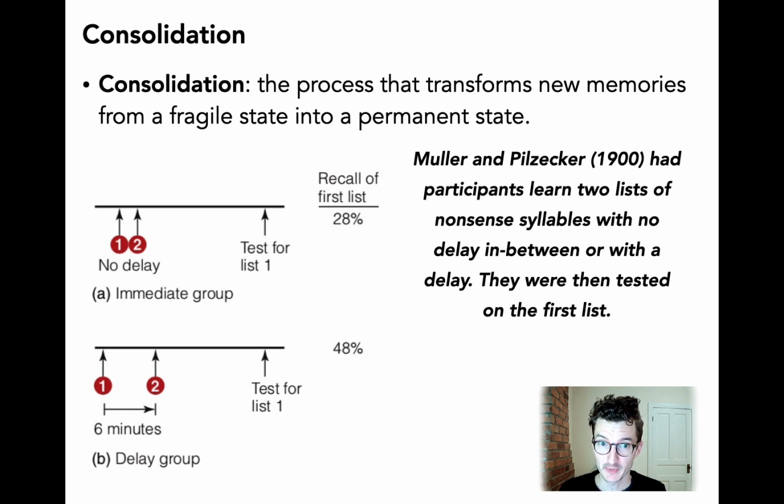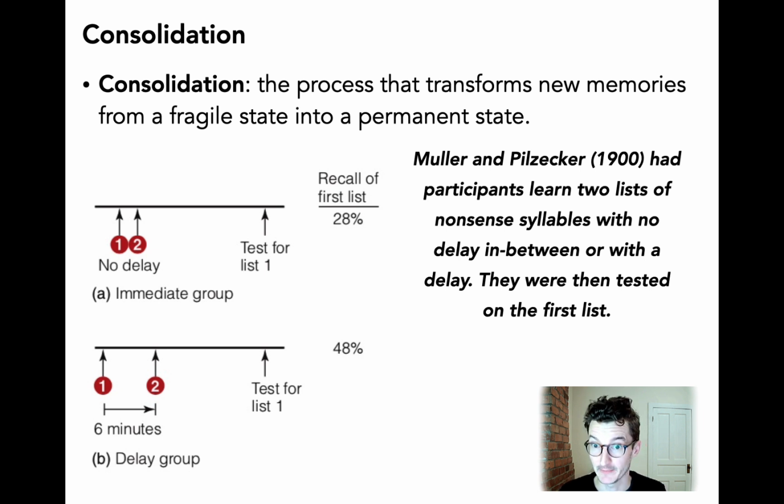What we think is happening in consolidation is that new neural connections are actually forming. Memories are represented in connections between neurons in your brain. When you learn new information, that information is reflected in a new neural connection.